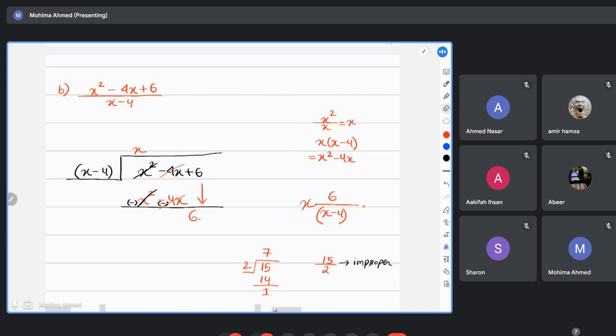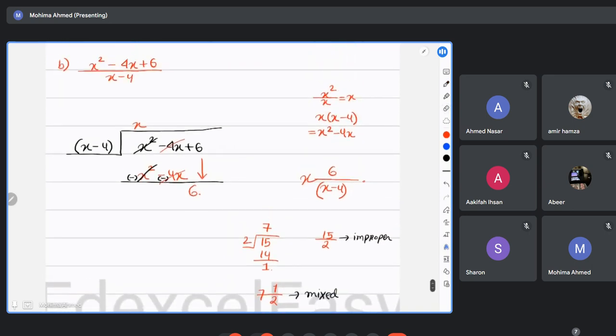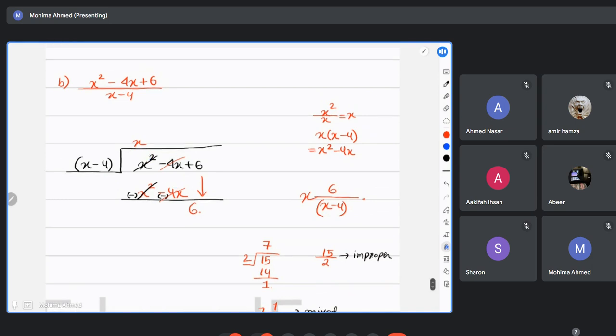According to our basics, I now know the format of writing this kind of mixed fraction: remainder on top, with whatever dividend they present multiplied with your quotient. Maybe the spelling is wrong, but you get the idea. This is your quotient, this is your remainder, and this is your dividend.